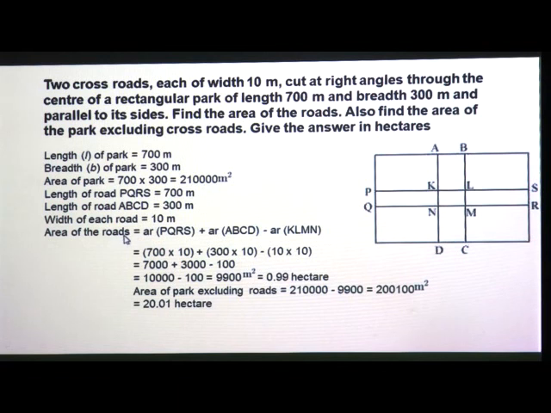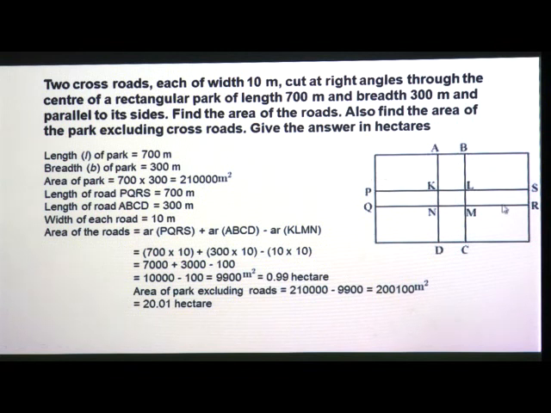So, area of the road is equal to area of PQRS plus area of ABCD minus area of KLMN. You may think why we are doing this addition and subtraction. I will explain again. We want to find the area of the park excluding the crossroads, meaning we do not consider the crossroads.